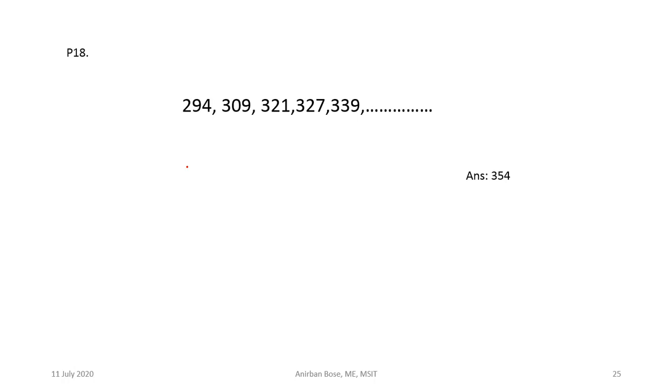Now look at this problem. In this problem, this is also a very good problem. You see what is the difference. This difference is 15 because the numbers are very close, and here the difference is what? Difference is 10, right? What is the difference here? The difference is 16.